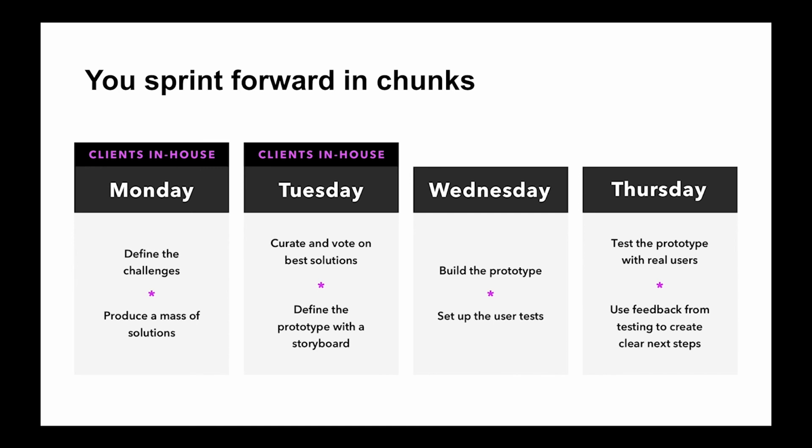On Monday, you're defining your challenges and producing a ton of solutions. Then on Tuesday, you're voting on which ones are best and defining a prototype with a storyboard. So how does this person go through this process? And how does our solution basically address their problem step by step?